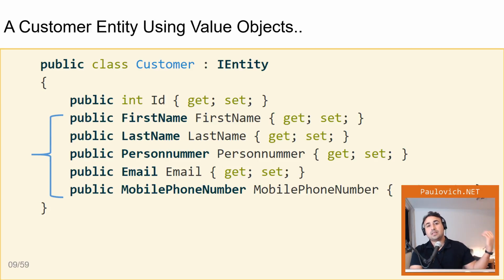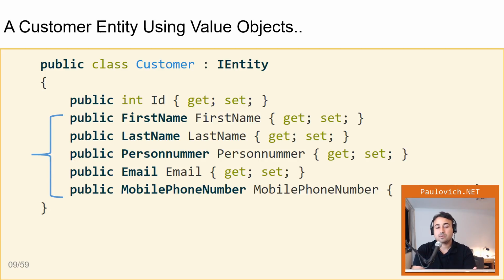Well, that previous class, the customer entity, can be changed to something like this. Instead of using the string type for each property, I can use first name, last name, person number, email, and mobile phone number as classes that enforce these small business rules.